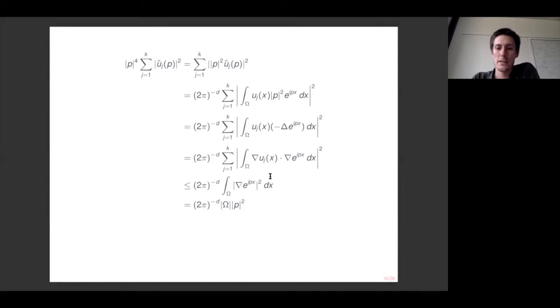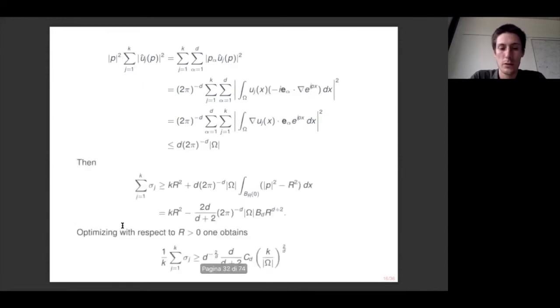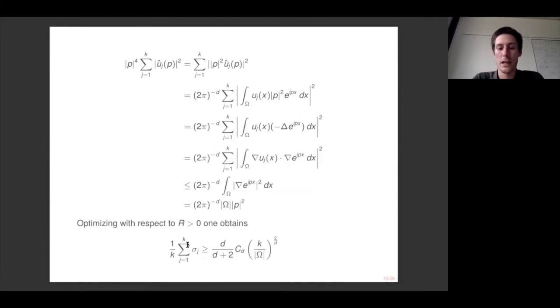And since in this case the gradients of the generalized eigenfunctions are a complete system in the gradients of functions in H^1_0, one can use the Parseval identity and recover this upper bound. And as you can see, in this upper bound the d term does not appear. And so by plugging this upper bound into the previous lower bound, it is possible to recover the claimed Weyl-sharp Berezin-Li-Yau inequality.